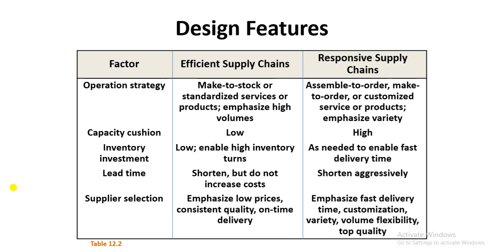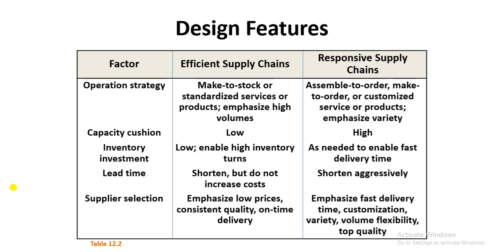Similarly, another factor is called the capacity cushion, and capacity cushion means how much idle capacity you are having while producing the goods and services. So in the efficient supply chain, your capacity cushion would be low because you are producing goods in large volumes, and you will try to utilize the maximum capacity available so that you can reduce the per unit cost of production.